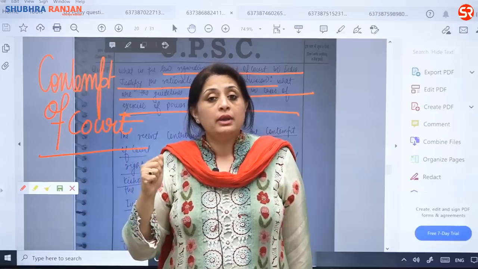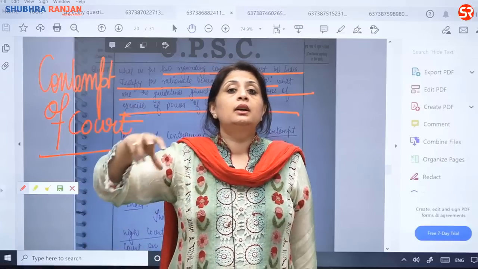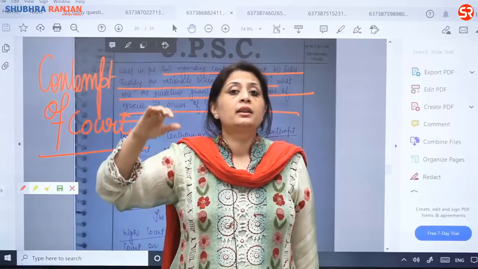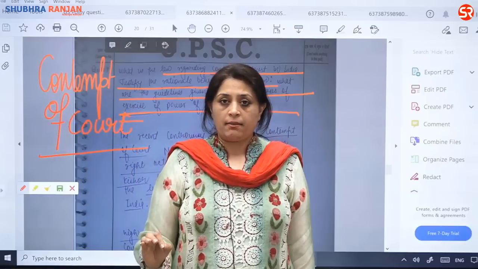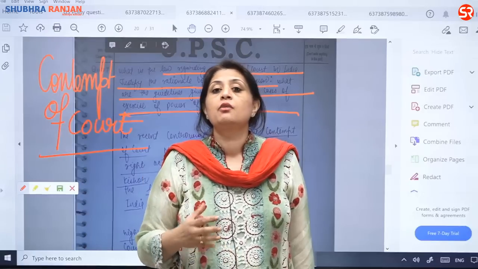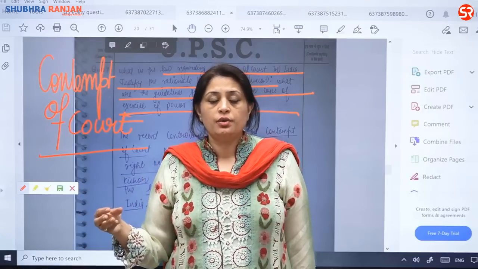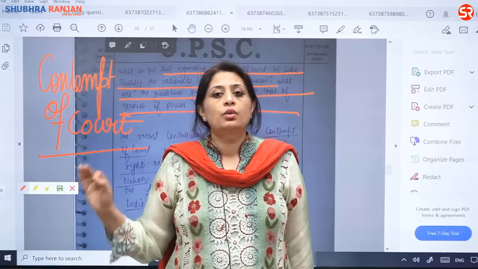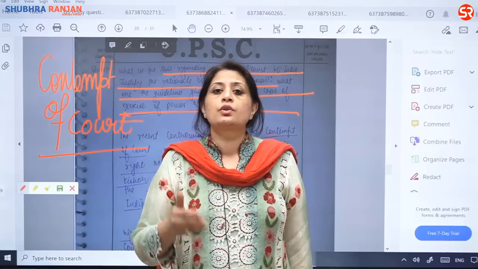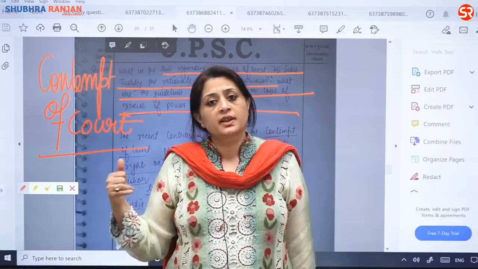Fine. That is why the courts, especially the higher courts, are given power to punish for their contempt. Now the question is asking, what is a contempt law? As per the Constitution, Supreme Court and High Court are the courts of record, and courts of record enjoy the power to punish for their contempt.